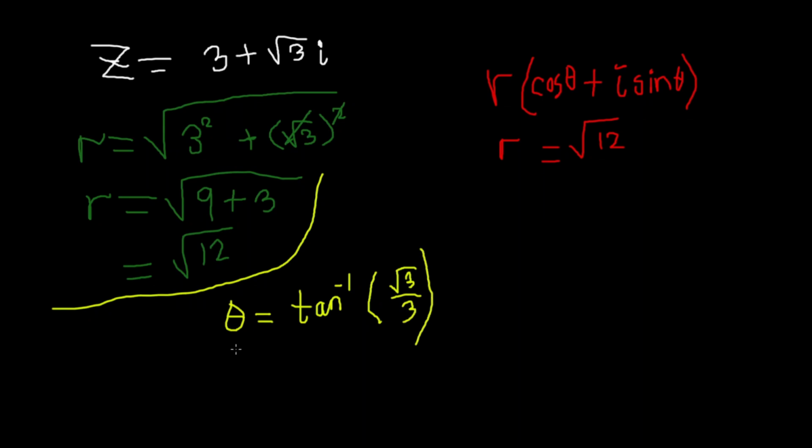You can use a calculator, but if you know the unit circle, this equals pi over 6 radians or 30 degrees. It is your choice which one you want to use.